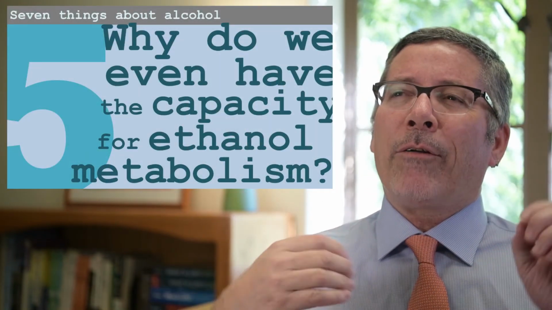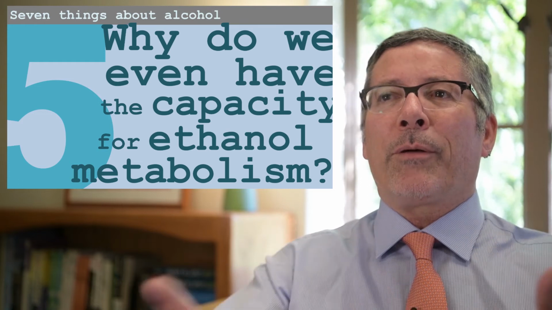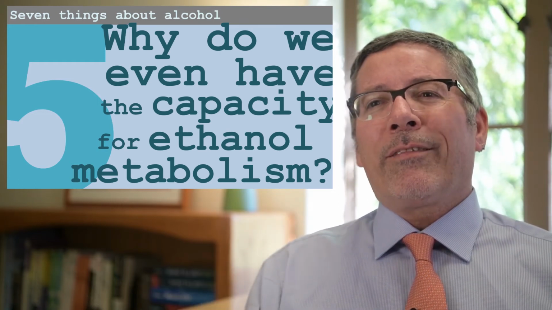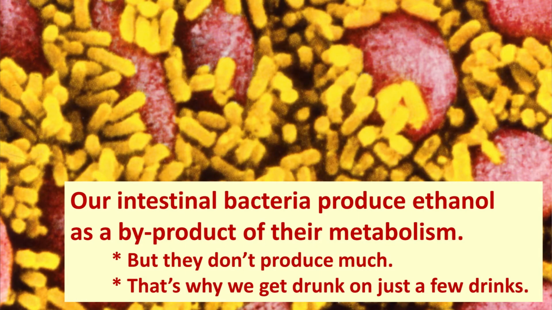You might wonder, why do we even have these enzymes for breaking down ethanol? The distillation of spirits and the production of these as something that we consume is relatively new. Remember, in our colon, we have huge colonies of symbiotic bacteria that are helping us out. These intestinal bacteria produce ethanol as a byproduct of their normal metabolism.